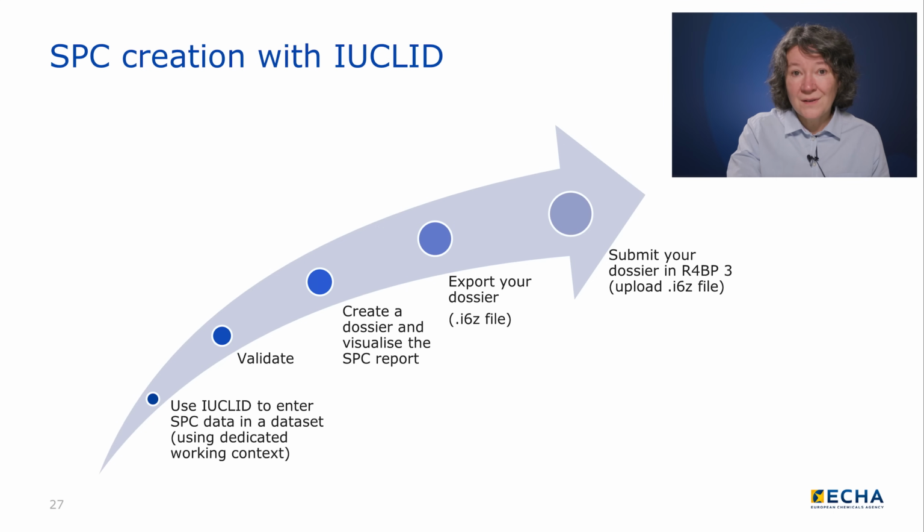Then you validate the inserted data for completeness and consistency, and if you have any errors, you can fix them. Then the next step: you create a dossier, so non-editable data, and visualize the SPC report.